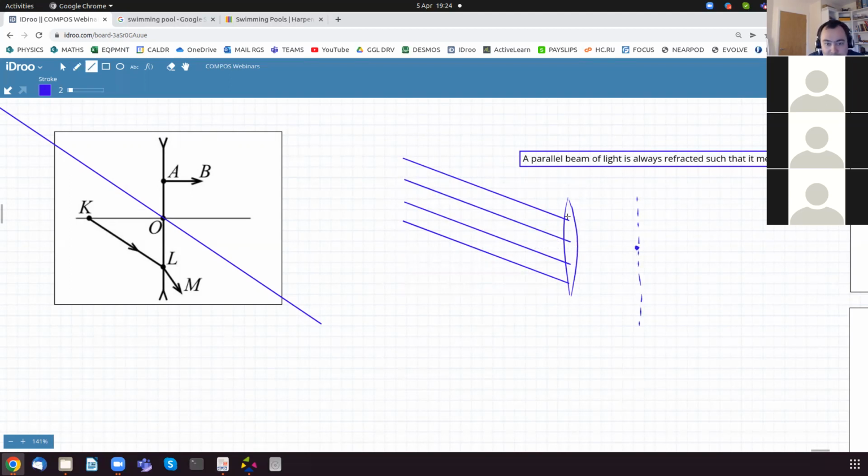The beam will meet somewhere here. And this is important for understanding. And it doesn't only work with a converging lens, it works the same way with a diverging lens. It's just they meet on the opposite side.